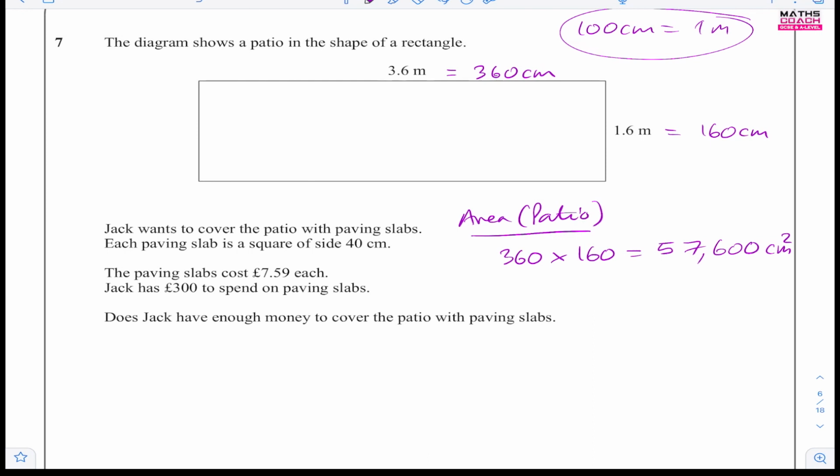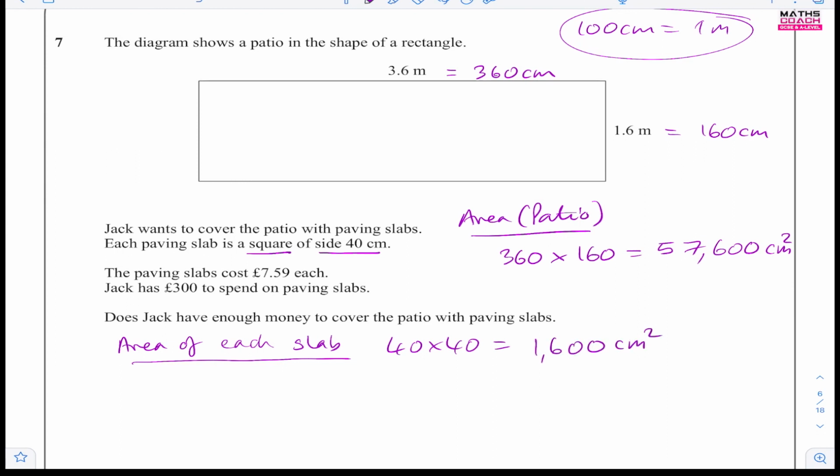Now we'll work out the area of each paving slab, which we know is a square of side 40 centimeters. So area of each slab is 40 times 40, giving us 1,600 centimeters squared.